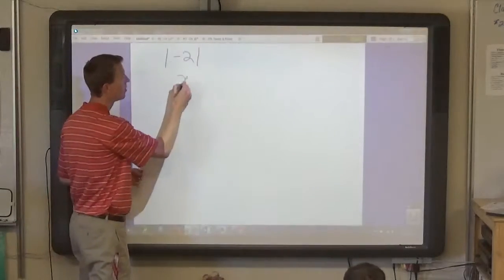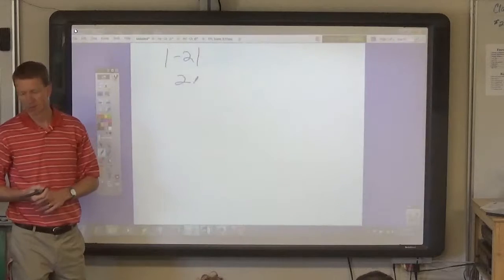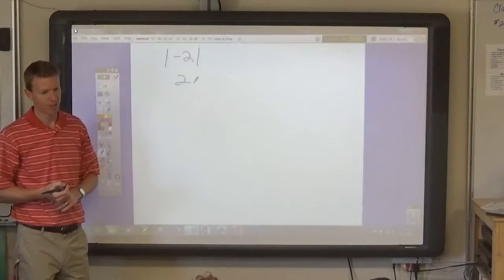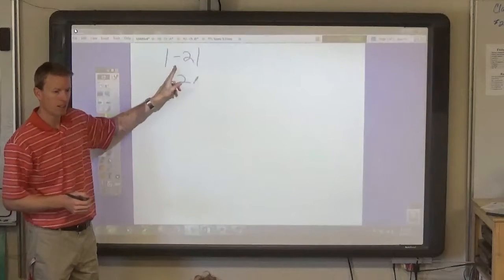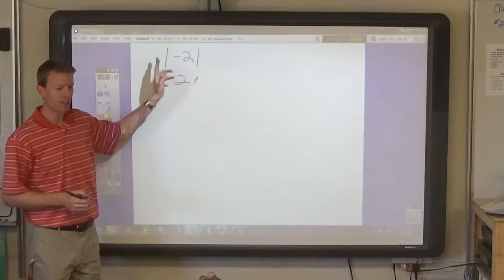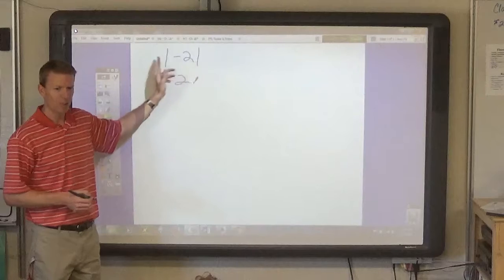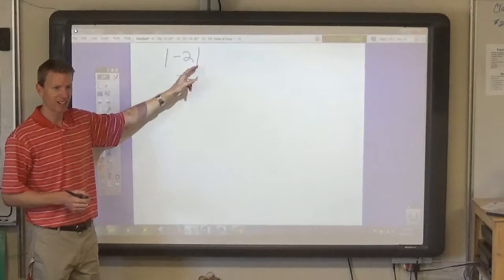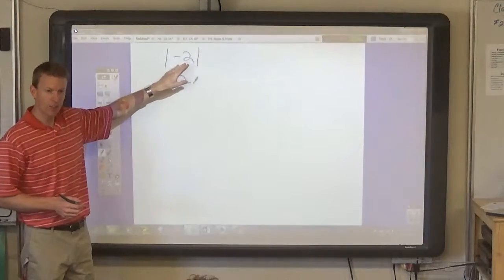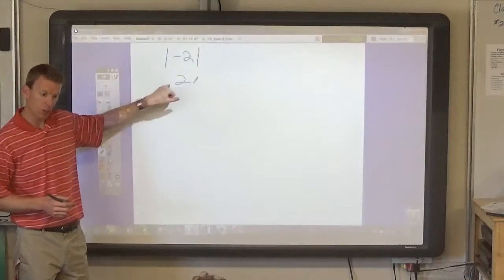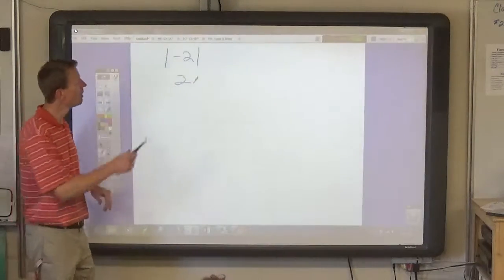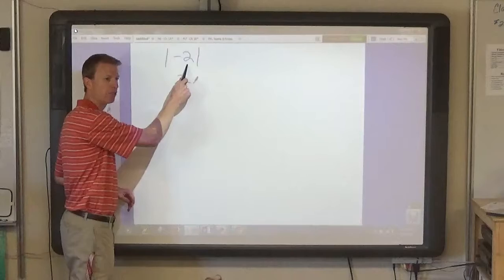The answer is 2. So how do we read this? These are absolute value. That says, how far is negative 2 from 0? And it's 2, you're right. So you read this as the absolute value of negative 2.